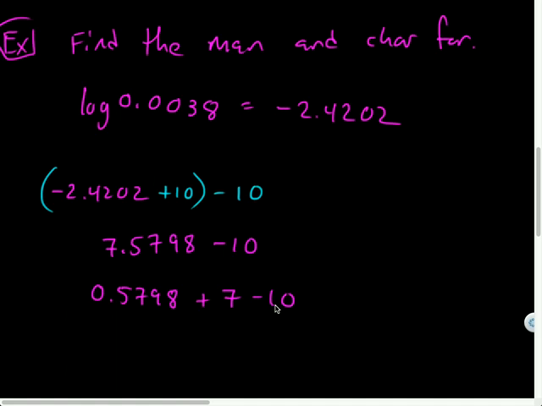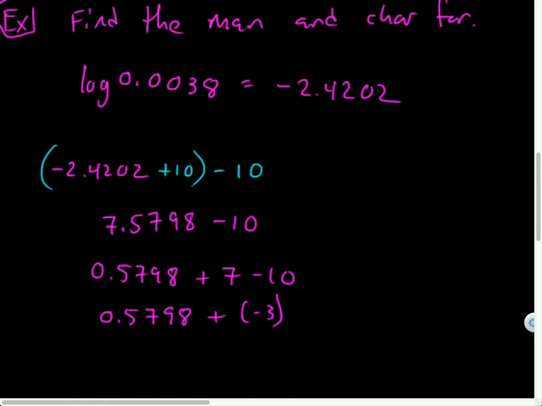And what is 7 minus 10 equal to? Plus negative 3. It's kind of a weird-ish thing, but this will be our mantissa, and our characteristic will be over here.